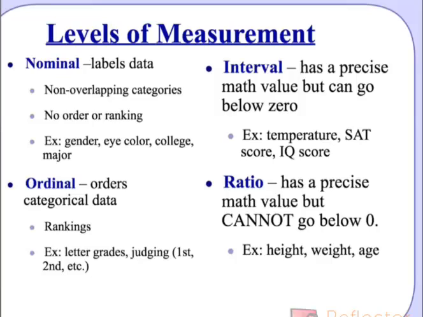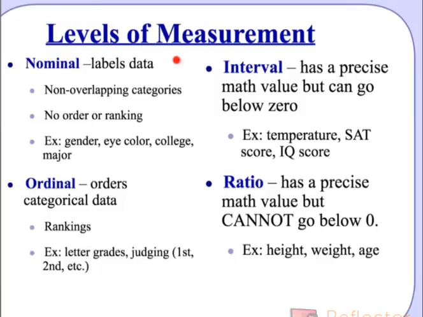Then the second level of measurement is ordinal. It is still a type of categorical data, but we're going to have rankings, such as your letter grades, meaning A, B, C, D, or our judging's first, second, third place.